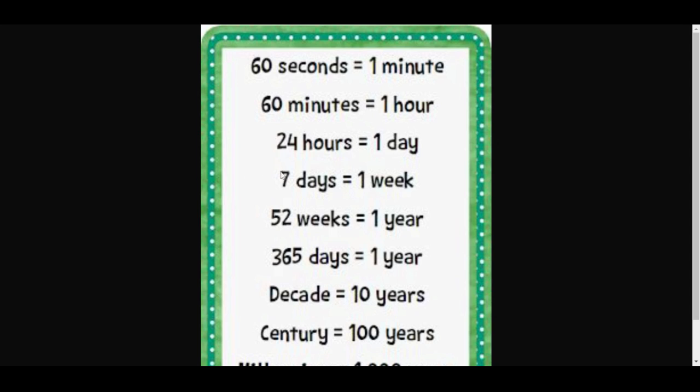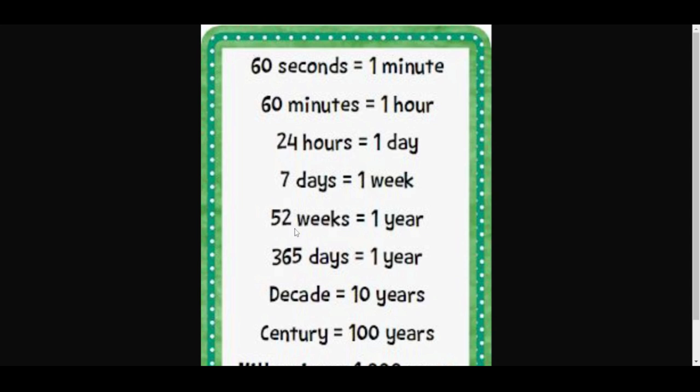Now, 7 days combined is equal to 1 week. Whenever anyone asks how many days are there in 1 week, we say 7 days. In a year, we have 52 weeks.